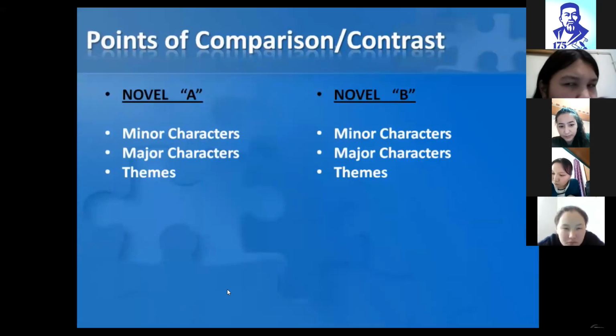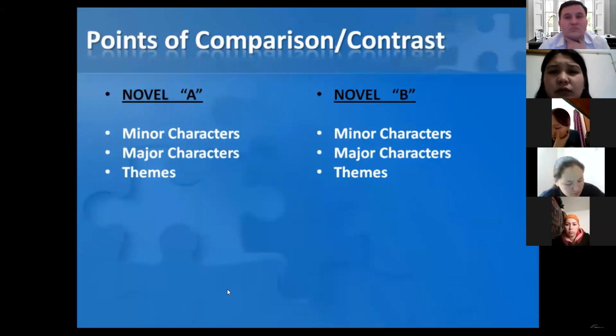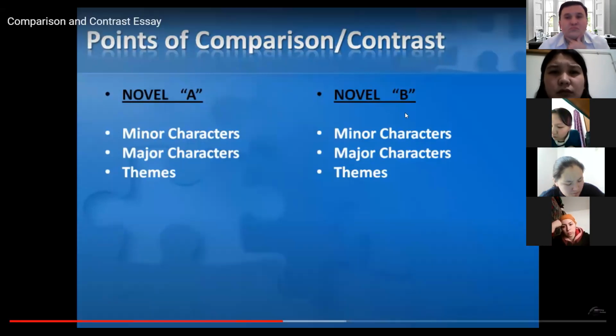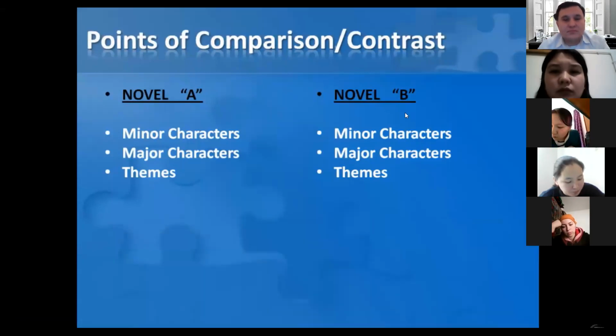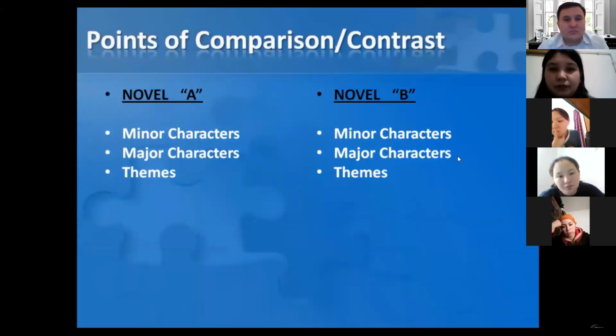Let's say you have novel A and you have novel B. So for novel A, you decide you want to talk about minor characters, major characters, and themes. Well, you would need to do the same for novel B: minor characters, major characters, and themes. So you have the same points of comparison for both objects. That's important to remember.